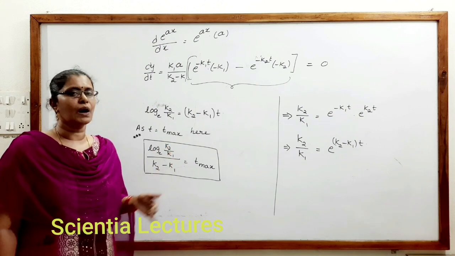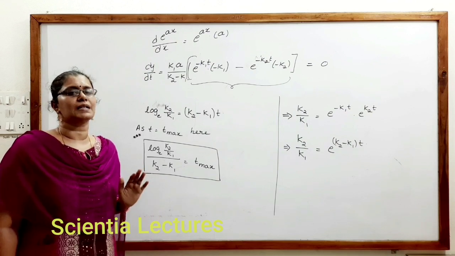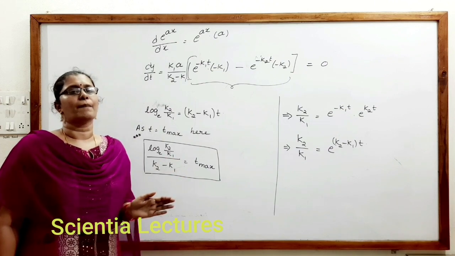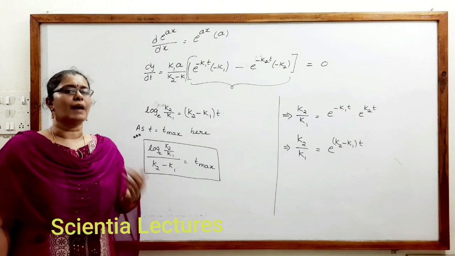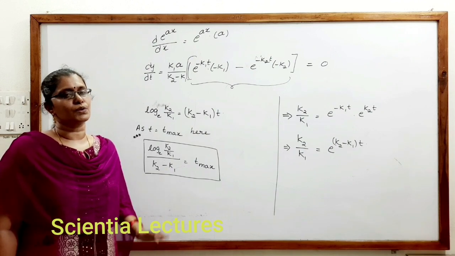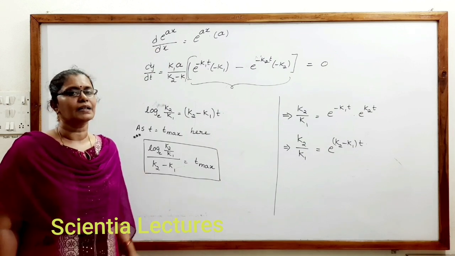We have seen how it could be derived. Now the concentration of C at that instant must be equal to the total initial concentration A minus concentration of A at an instant minus concentration of B at an instant. If you substitute that, you will get the concentration of C at an instant t, that is the Z value.